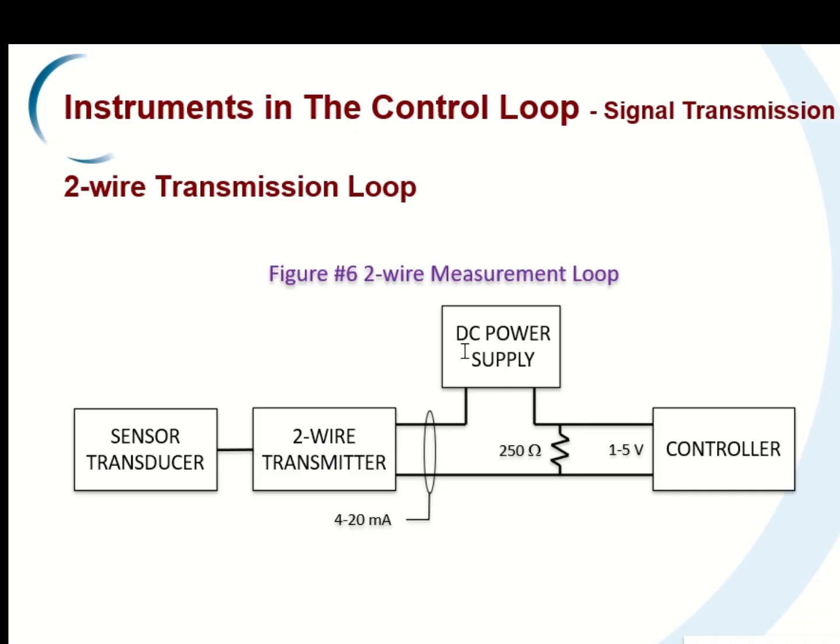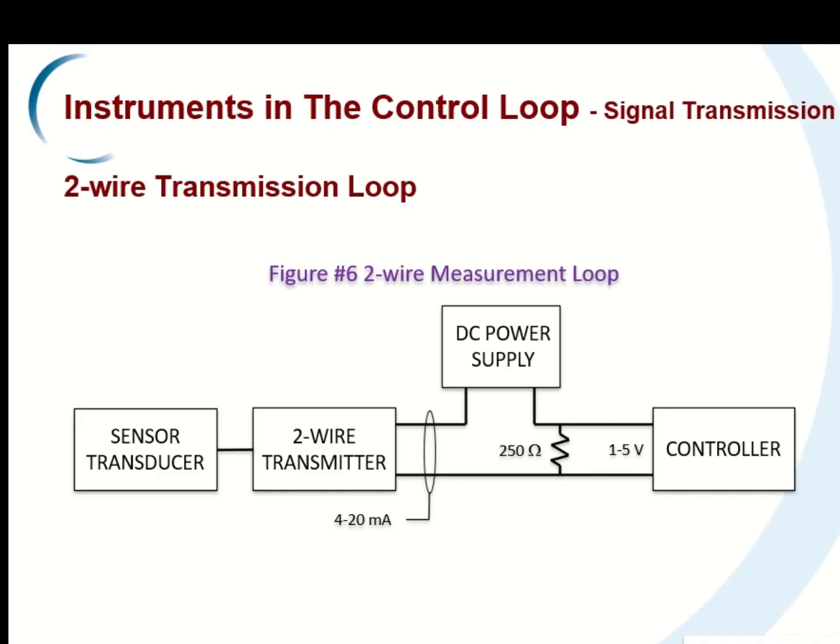This is the two-wire transmission loop: a sensor transducer, a two-wire transmitter, a 4 to 20 milliamp current, and a DC power supply, with 1 to 5 volts to the controller. Most measurement loops are two-wire systems, and as you can see, figure 6 illustrates a typical example.